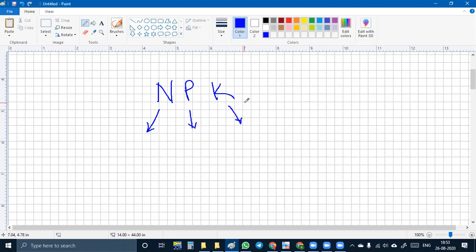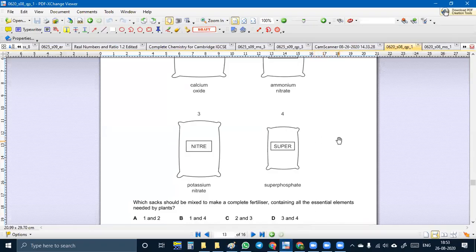Correct. P is phosphorus and K is potassium. So now you check which of these you can mix. 3 and 4. All three elements will be present when you mix potassium nitrate and superphosphate. So 3 and 4 it will be.